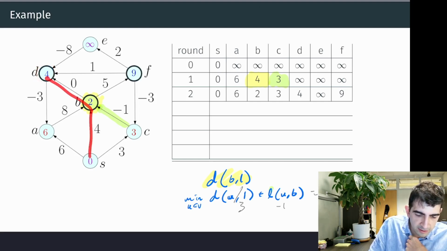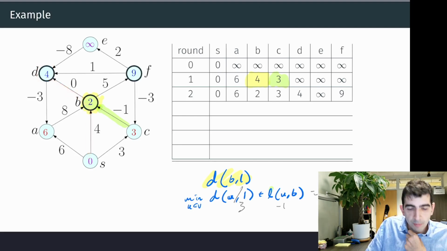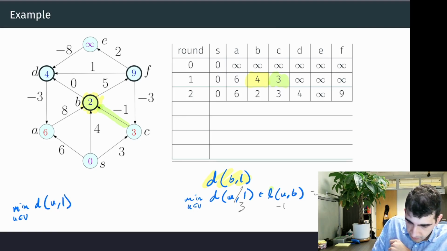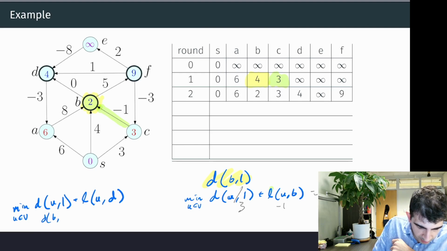It is the minimum, for some u in V, of the distance of u using 1 edge plus the edge length of u comma D. Okay, so if u is equal to B, then d of B using 1 is equal to 4 plus the length of BD, which is equal to 0, so that's equal to 4.